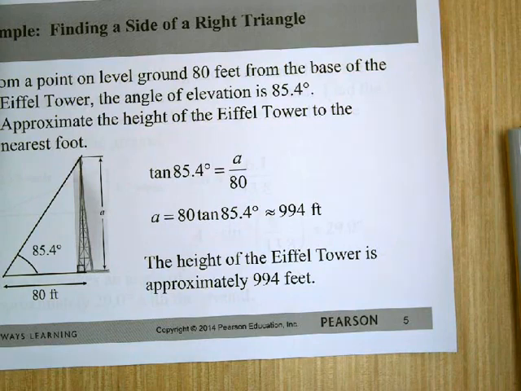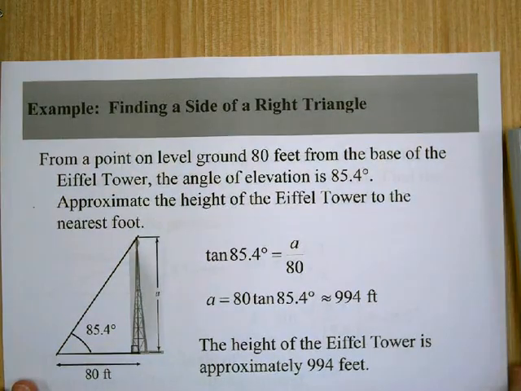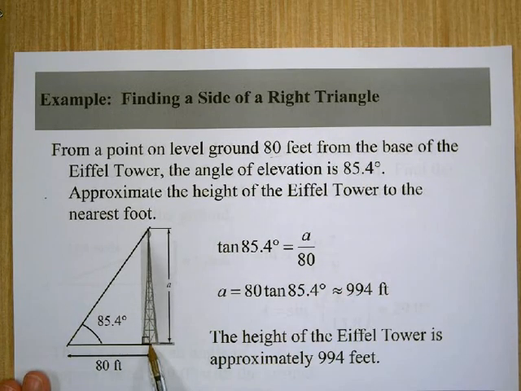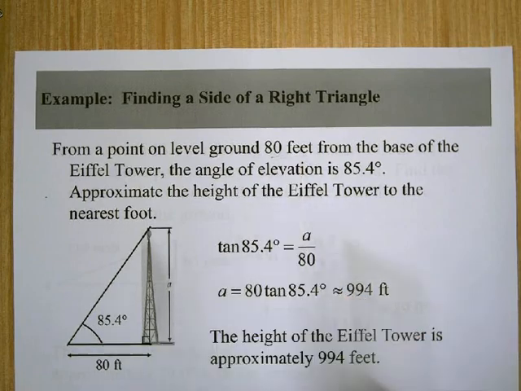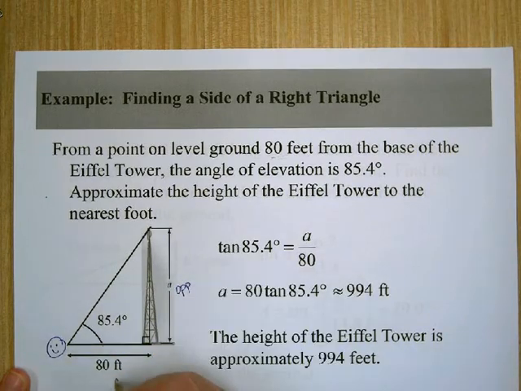From a point on level ground 80 feet from the base of the Eiffel Tower, the angle of elevation, that's this angle right here, is 85.4 degrees. Approximate the height of the Eiffel Tower to the nearest foot. Well, we're in feet here, so I don't have to do any conversions. This is my perspective, where I'm looking from. When I'm looking from here, this is my opposite and this is my adjacent.